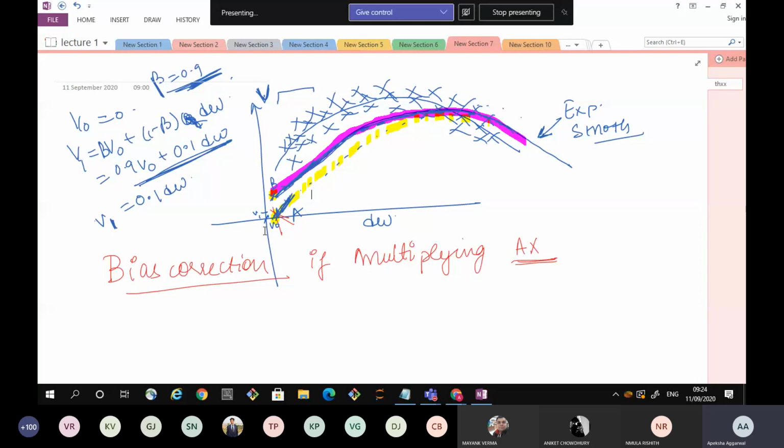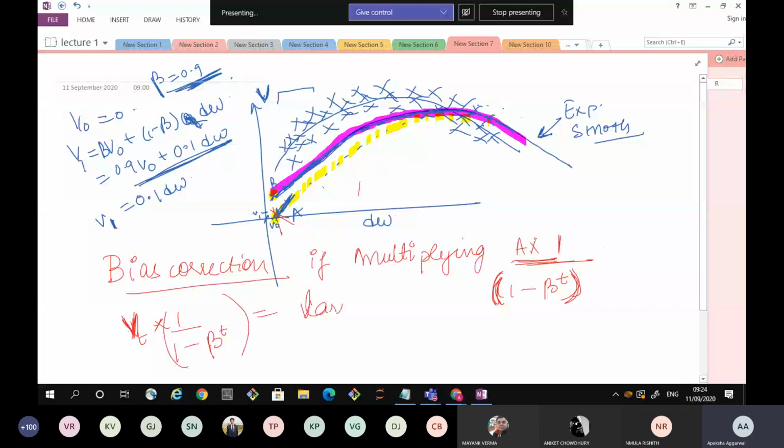That is why this is called bias correction. So Vt is multiplied by 1 upon 1 minus beta to the power t. Why is this done? Because this is a number smaller than 1, and if I divide Vt by it, it will give me a larger Vt. So now my yellow line would shift to the pink line.